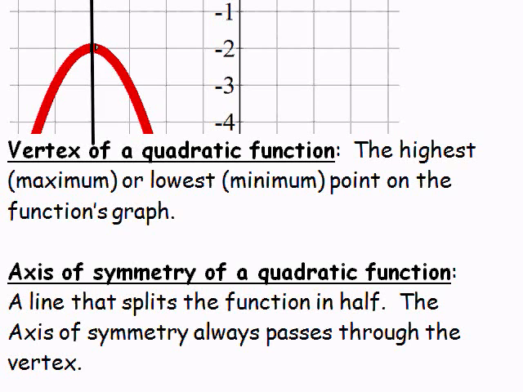So this line has a value of -4, and if you'll notice, all the points are mirror images of each other across that axis of symmetry. Now, that's just an important thing to note. It's going to make graphing a little easier in a moment.